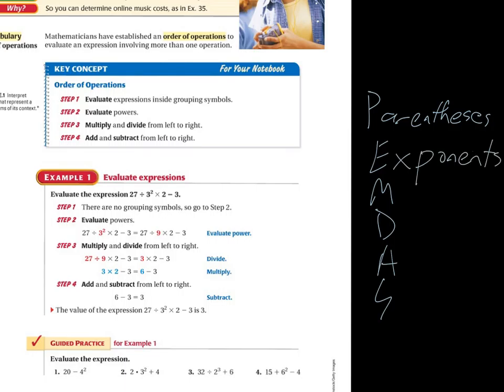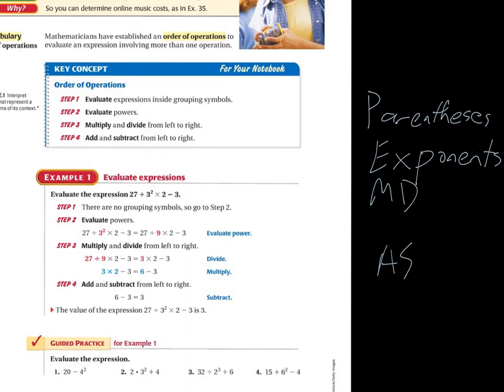Next you do exponents. Now these next two, I'm going to erase this out and rewrite it. I'm going to do this with the D and the S, and I'm going to write these next to each other. The reason that I'm doing that is because multiply and divide actually have the same priority.